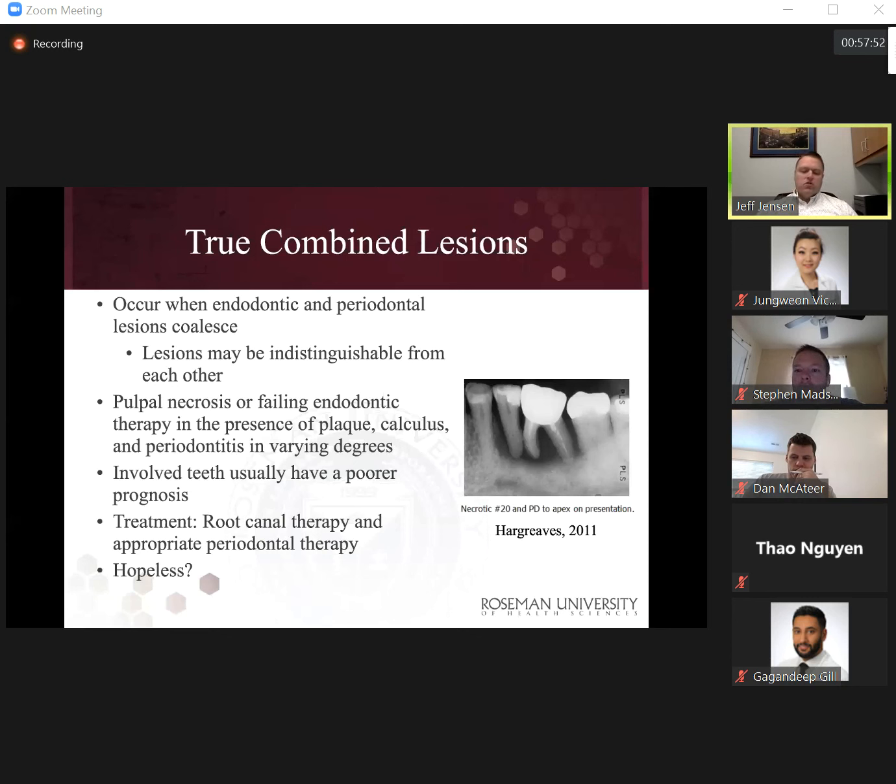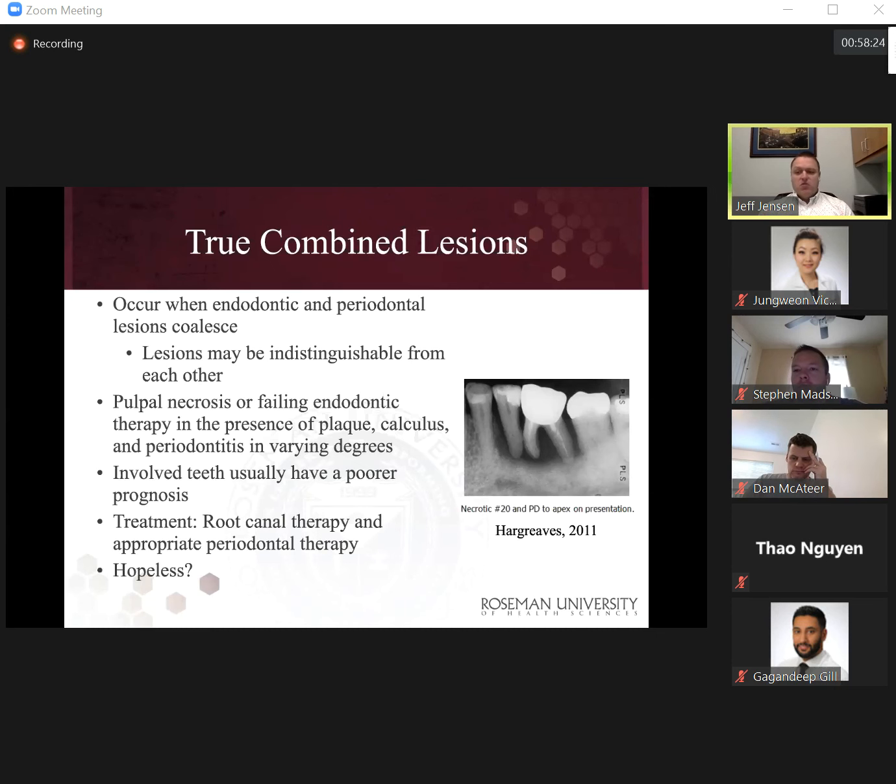However, the treatment on these teeth, number one, could be extraction. That may be what you're looking at. But again, if it's a treatable tooth and something that you can save, we do our endo first, and then we do our periodontal treatment, whether that be debridement or surgery. What you're seeing here on the right side on that x-ray is number 20 is necrotic, okay?